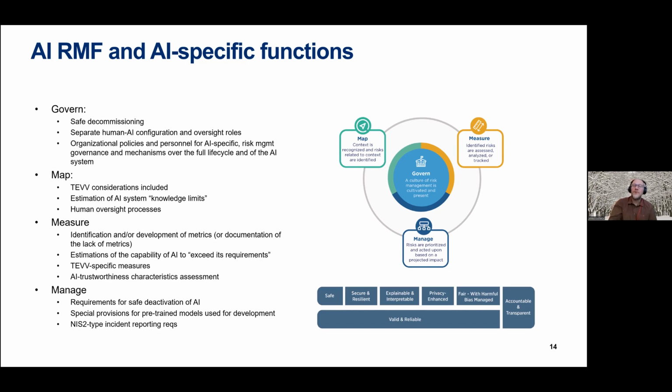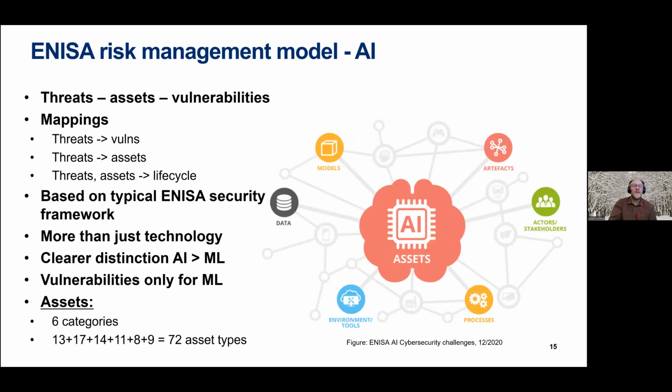Okay, going forward, back to the ENISA risk management model. After the life cycle, their model is very basic. If you look at ENISA's work and documents, they are very comprehensive.